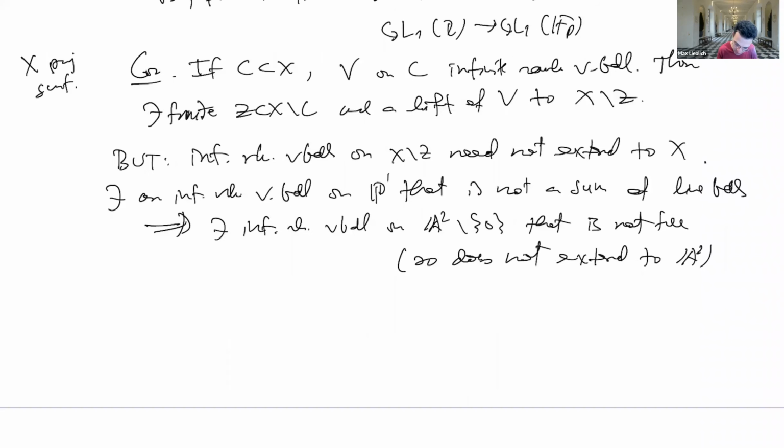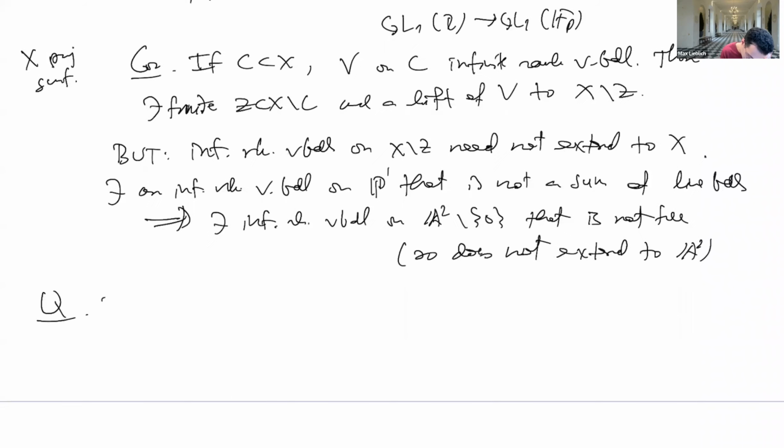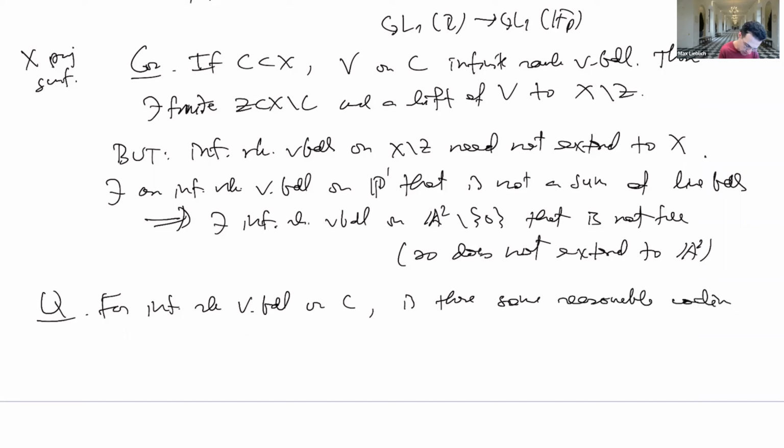Sorry, now I'm just completely short-circuiting what I was planning to say here. But one fascinating question here, if you're following along, is for an infinite rank vector bundle on C, is there some reasonable codimension 2 sort of invariant or obstruction to lifting to X?